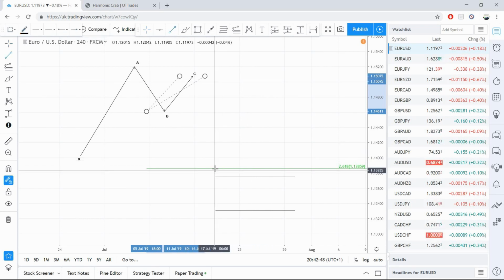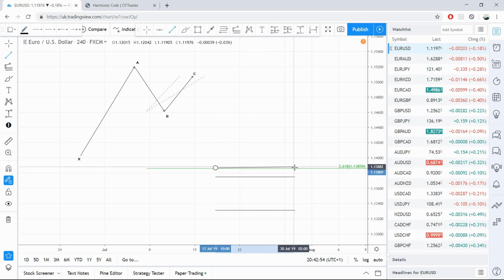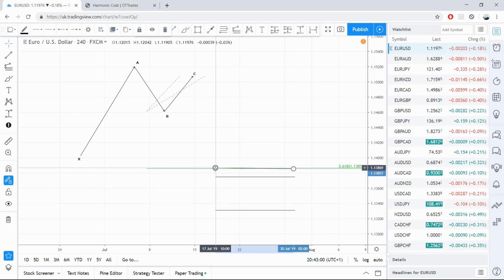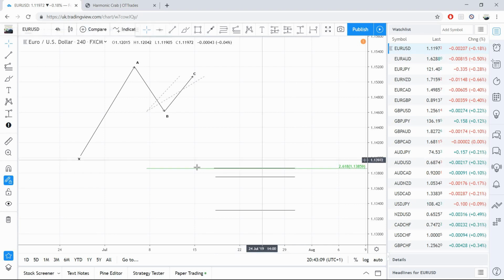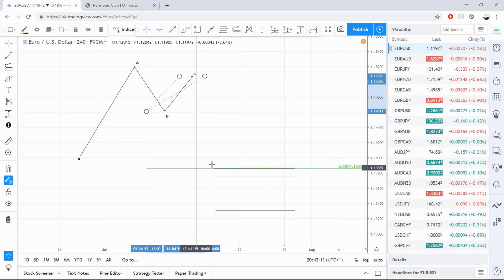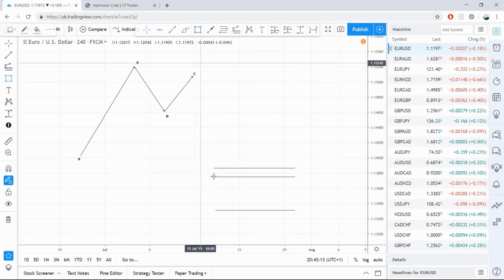Therefore, this is the final point of our potential reversal zone. Here to here. I know it's not straight. There to there. So that's the final point of our PRZ.